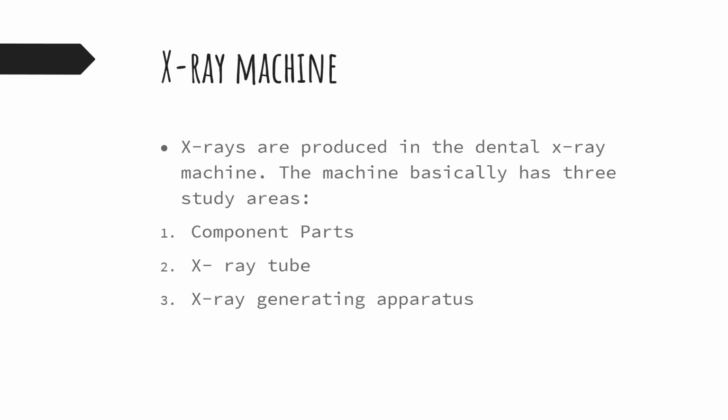So let's look at the X-ray machine. X-rays are produced in the dental X-ray machine, and basically there are three study areas: the component parts, the X-ray tube, and the X-ray generating apparatus.